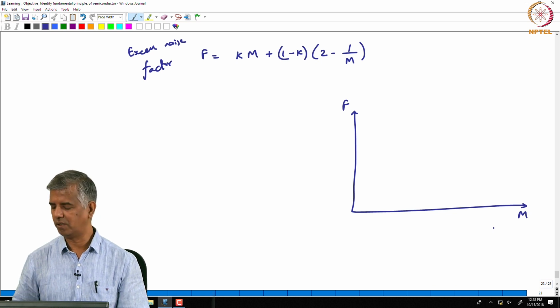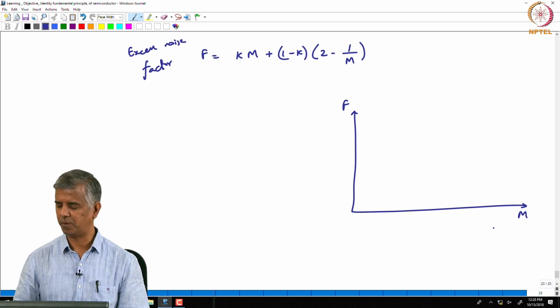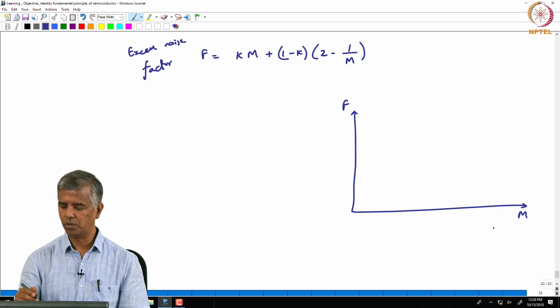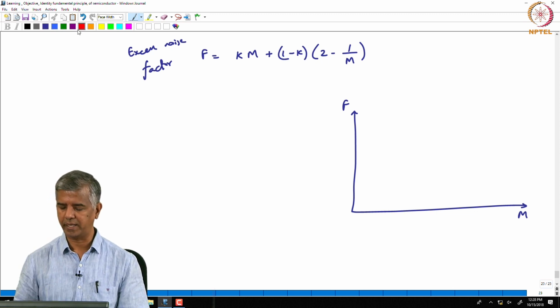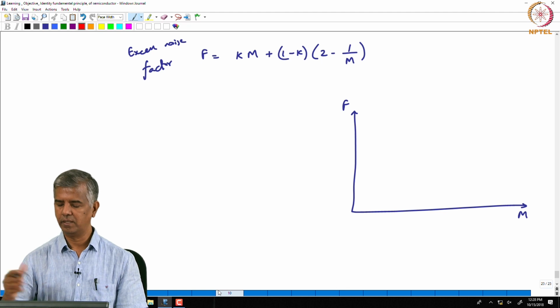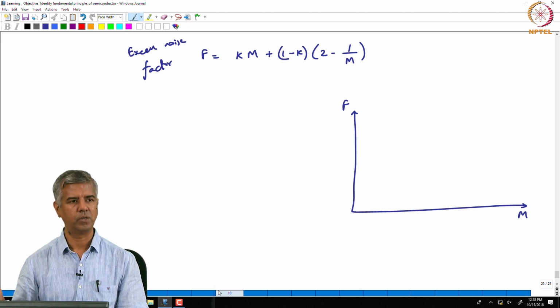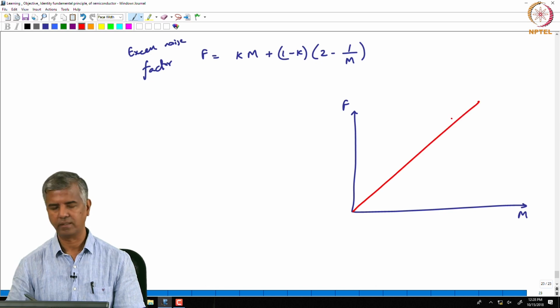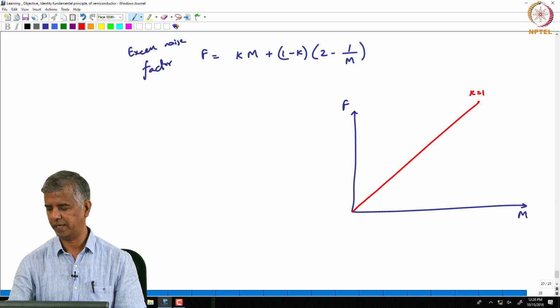So, you can also say that F is being plotted as a function of the bias voltage. So, you have one case where k equals 1. If you put k equal to 1 in this expression, the second factor goes away. So, you are just having a straight line, k equal to 1, right.